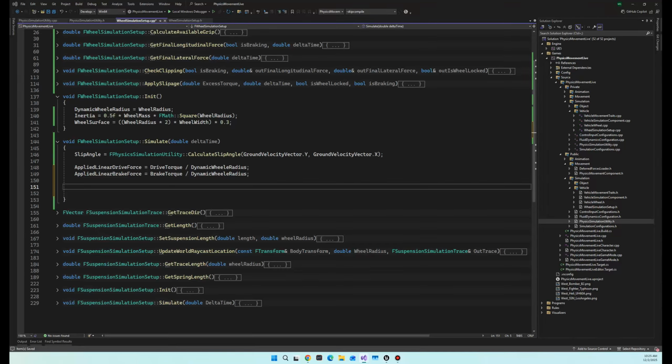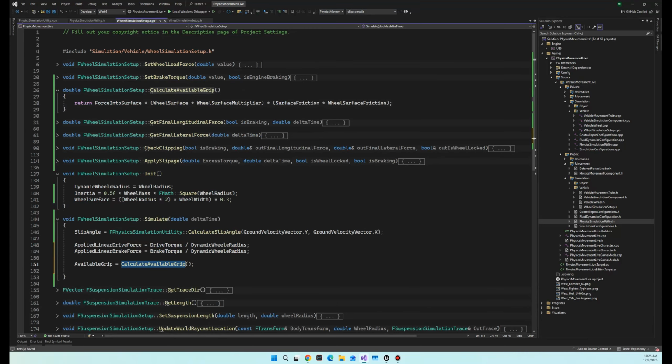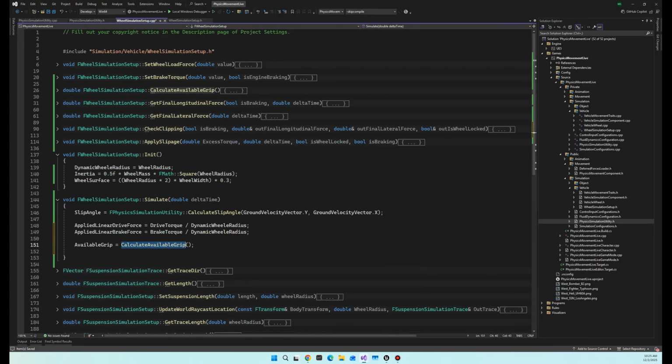We are going to need to know how much available grip we have, and again, we're calculating this per tick, so here it is. The reason why we want to do this is that if we're on a vehicle which is going across different surfaces, then we need to check to see which surface we're on, to determine whether we still have that same constant grip or not. And so again, as we're doing the tracers, we've turned it on, we can take a look at the material underneath the vehicle.